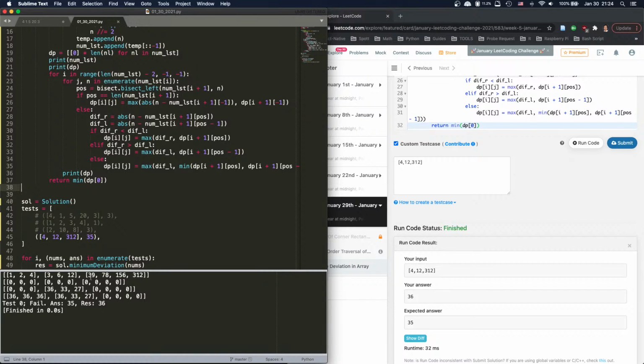So we know the difference is 36, this difference is 33, and this difference is 27. So these are gigantic differences.